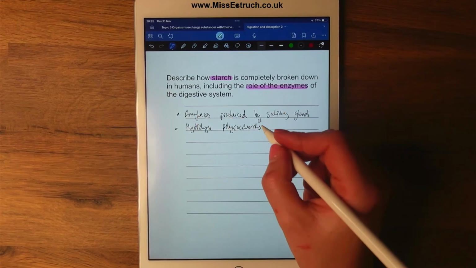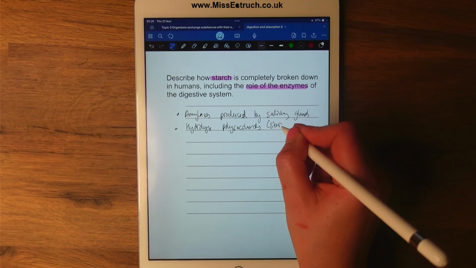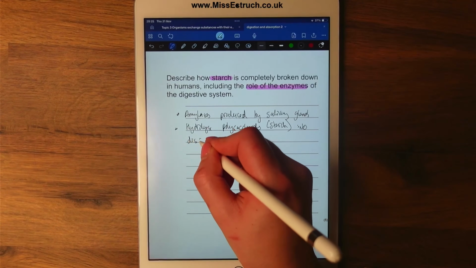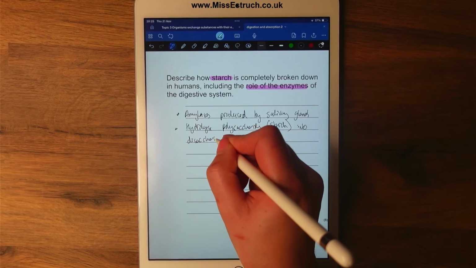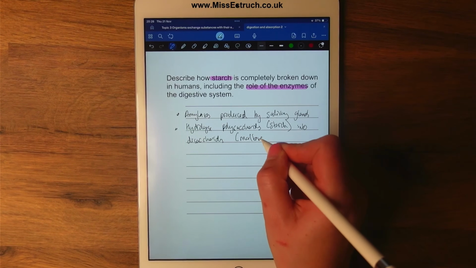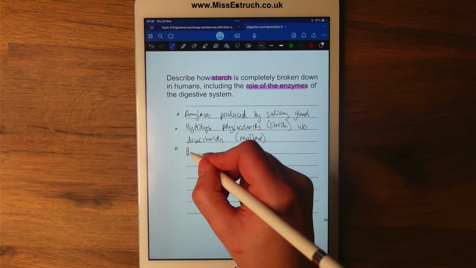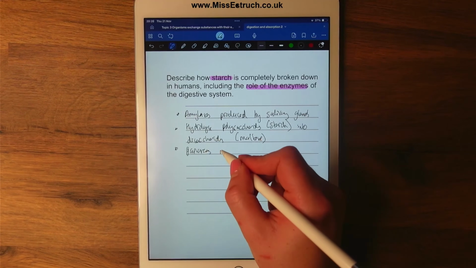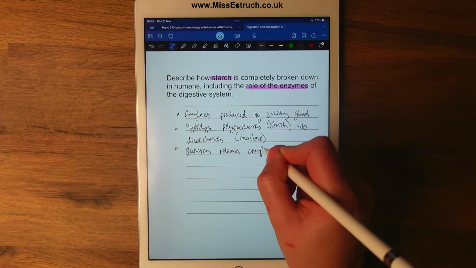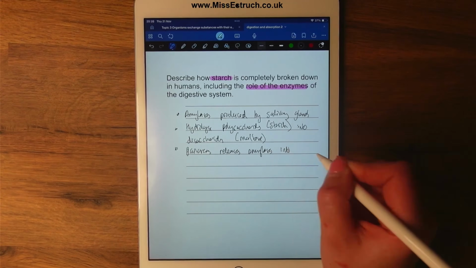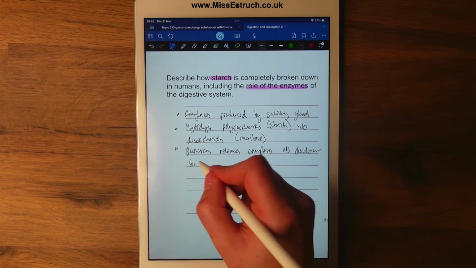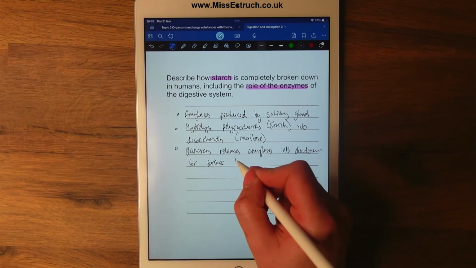Because I've said amylases, I'm just going to add in for more detail, for example, starch into disaccharides, which could be maltose. I'm going to also add in pancreas releases amylases into duodenum for further hydrolysis.